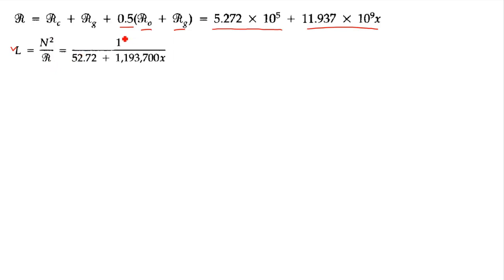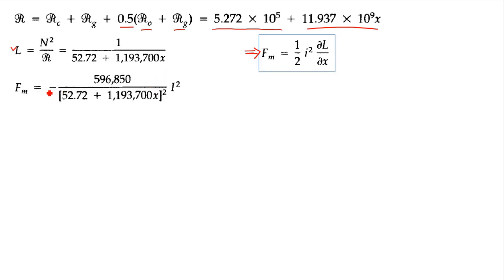So by that way I'll find 1 by 52.72. So already it will cancel out. Then I can use this formula of magnetic force, which I already told you. Magnetic force is nothing but half of I squared dL upon dx. So using this formula, I can write Fm equal to 5.9.